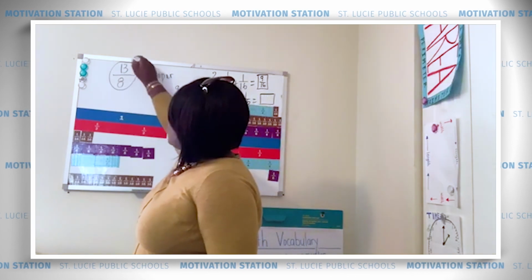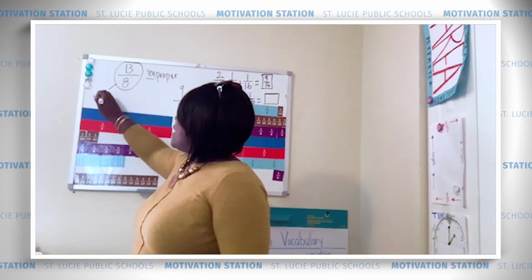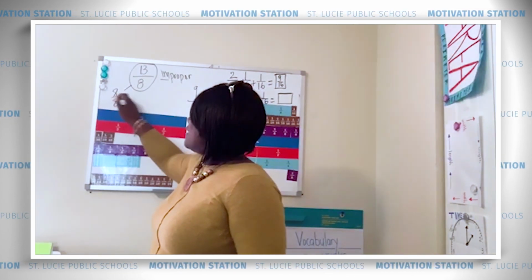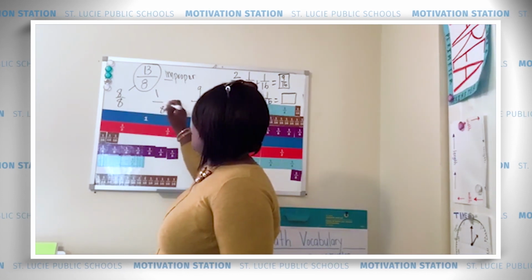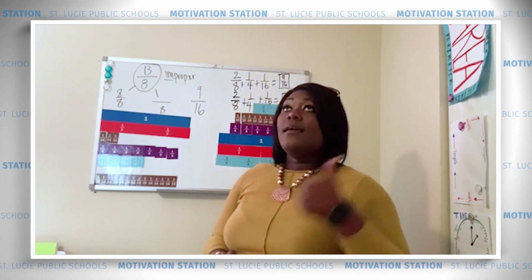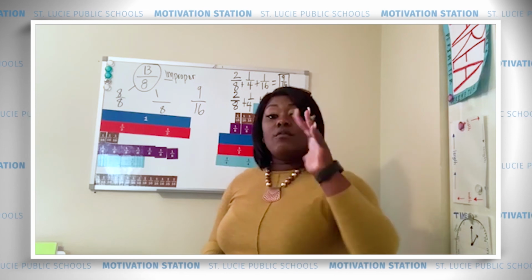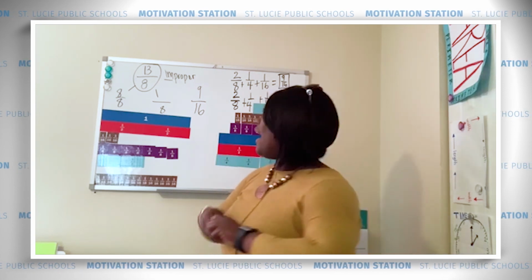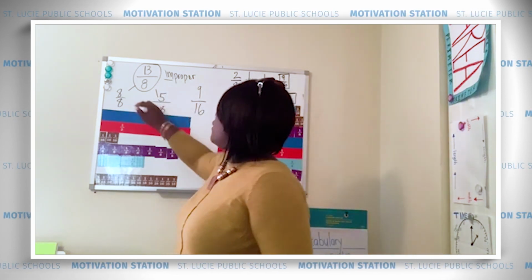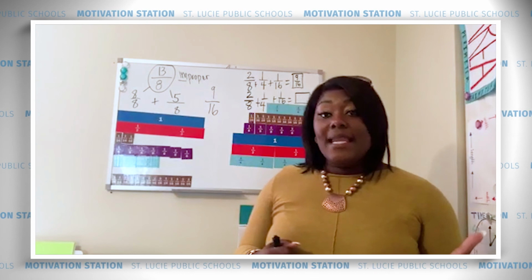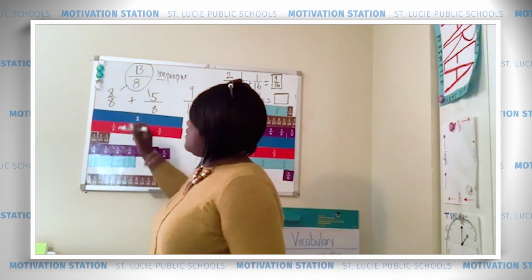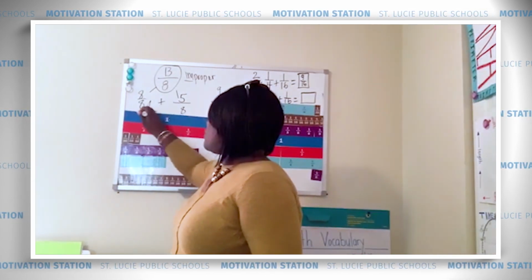If I can decompose 13/8 into 8/8, and how many more eighths? 8, 9, 10, 11, 12, 13. 5 more eighths, and you get your 13/8. 13/8 can be decomposed or broken into 8/8 and 5/8. The 8/8 is equal to 1.